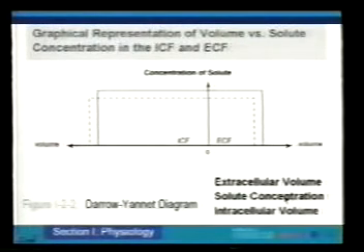On the other hand, if solute concentration decreases, if sodium concentration decreases, then your cells swell. So intracellular volume depends upon the conclusion of solute concentration.